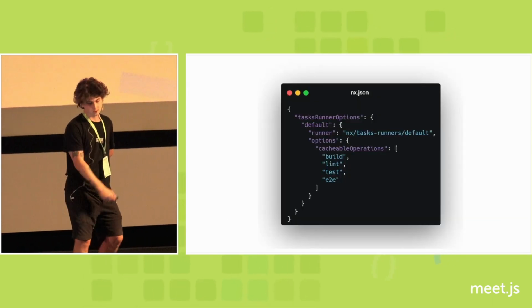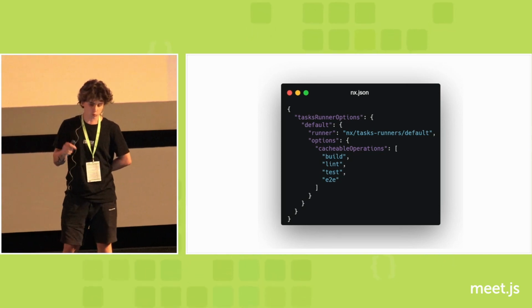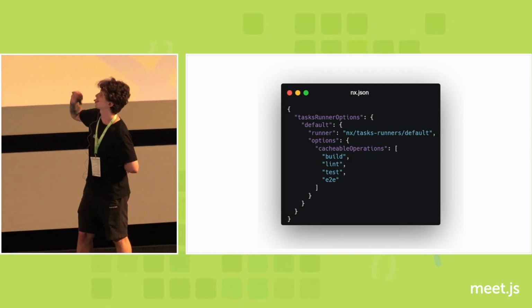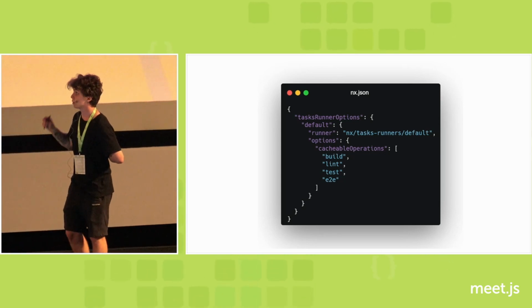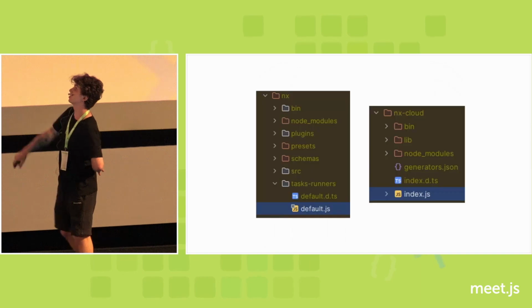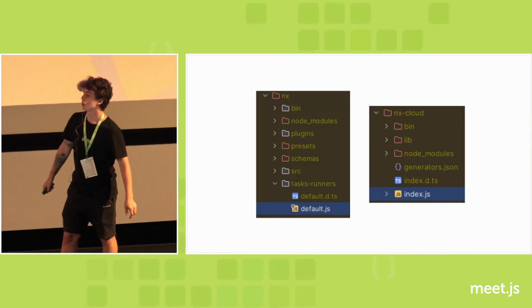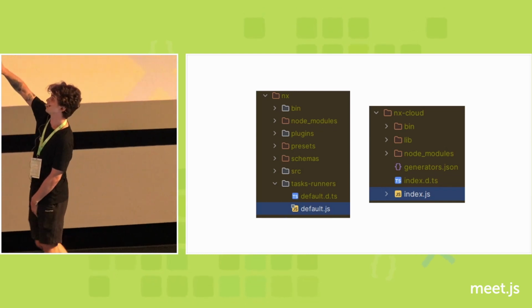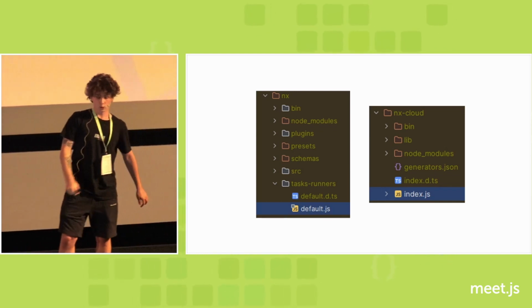And returning to our default configuration, we can notice that nx/tasks-runners/default points to a node modules path. And exactly, if we navigate to node modules and locate the path nx/tasks-runners/default.js, it will be our file.